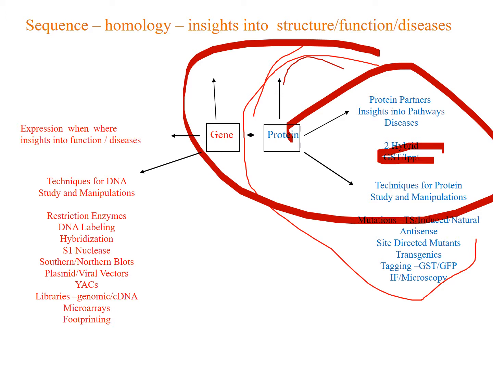And then on the gene side, this is a lot of material we will cover in molecular biology. So I just wanted you to see the big picture here on sequence homology, insights into structure and function in diseases. So it's kind of the gene side, the protein side of any kind of process.